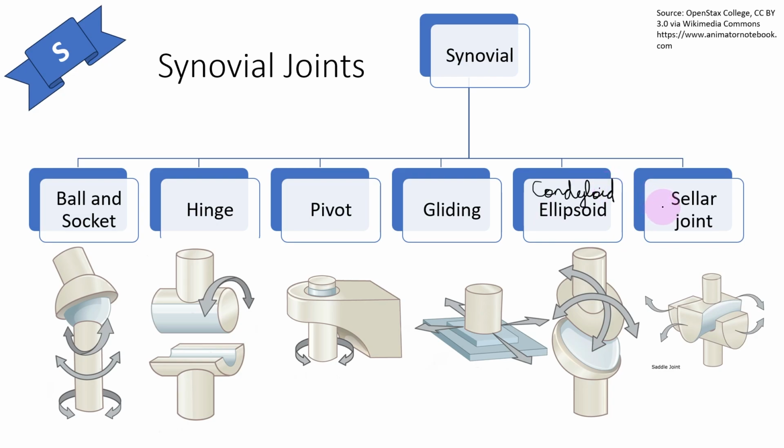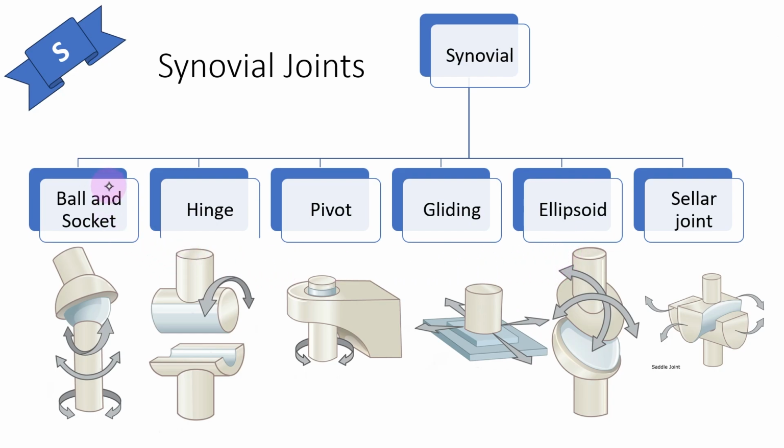And then we have the sellar joint, which is also called the saddle joint. Okay, these are the types of synovial joints, and they're classified based on the shapes. You can see the shapes and the degrees of freedom of movement that are given by these joints. All right, now let us look into each of these 6 types of synovial joints.